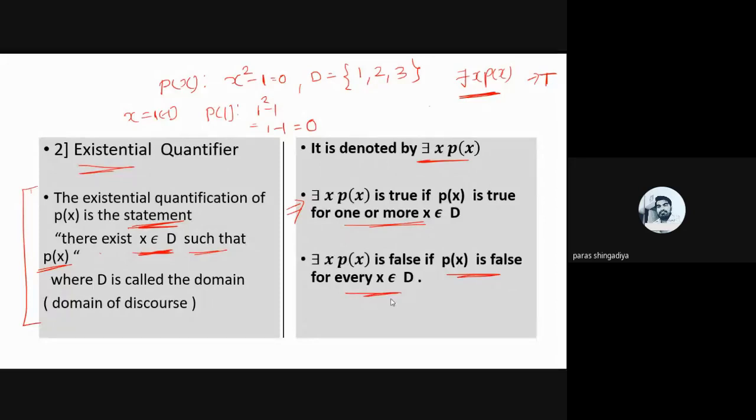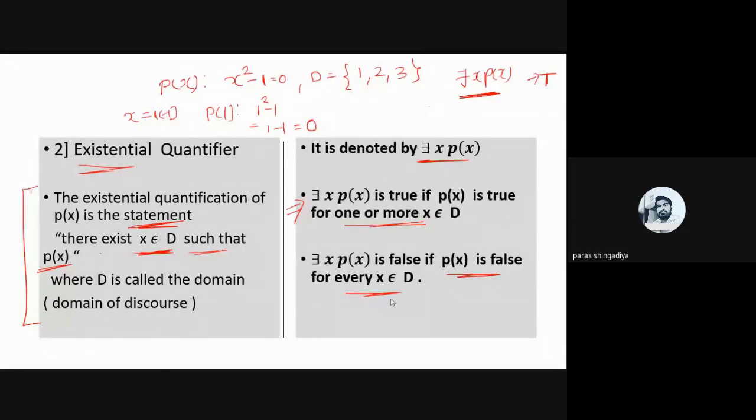We cannot get any value from the domain where P of x becomes true. For all the values of the domain, P of x becomes false, and therefore there exists x P of x, the existential quantifier, will be false.